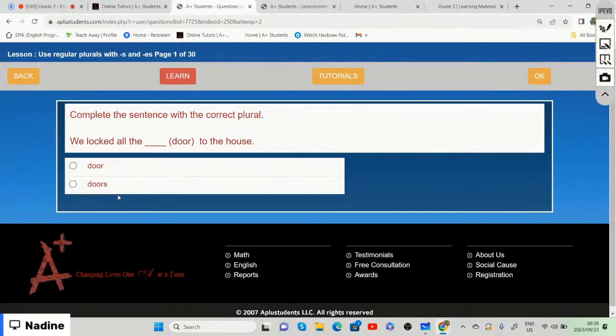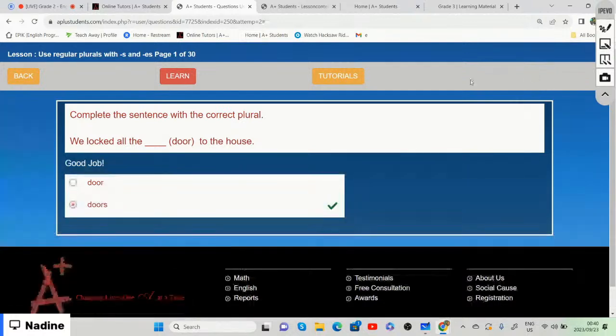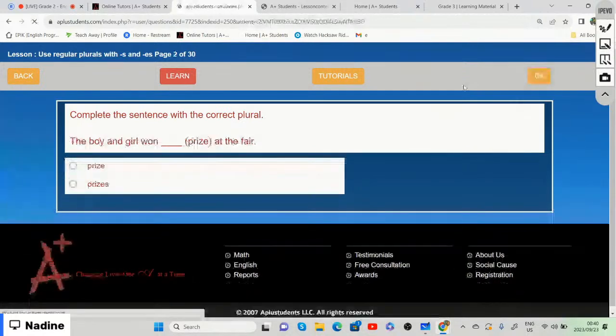Door. If we want to show more than one, then we'll say doors to the house, because one door, more than one door, doors.